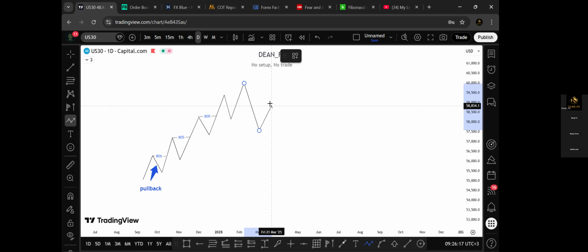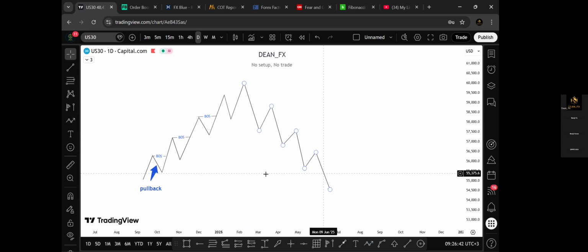Okay. So in order for you to know that the market has turned from a bullish market to a bearish market, something like this will happen. So, as you know, this is the high. I'll have to write it down.